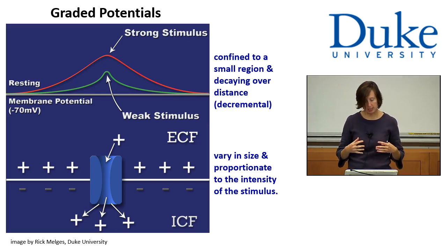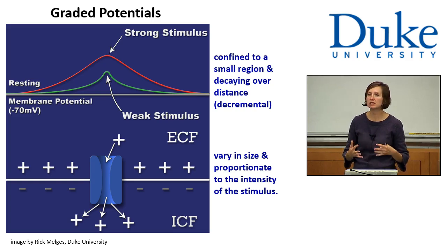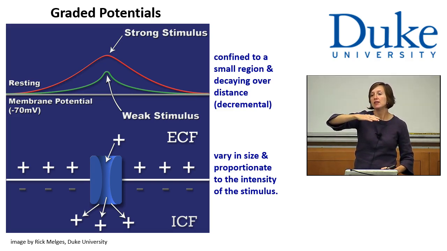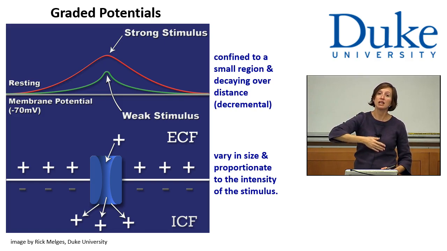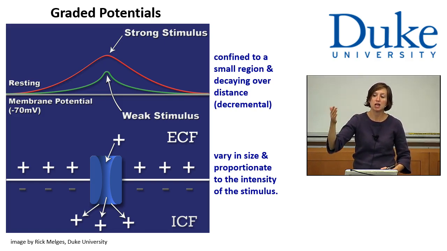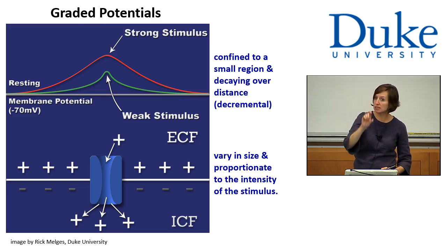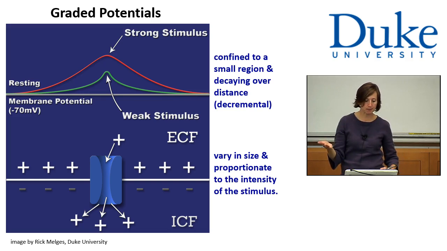The type we're going to spend just this image on is called graded potentials. They're called graded because the amount of change in the membrane potential depends on the strength of the stimulus. So it can be graded. It can be a small change or a large change depending on the strength of the stimulus.